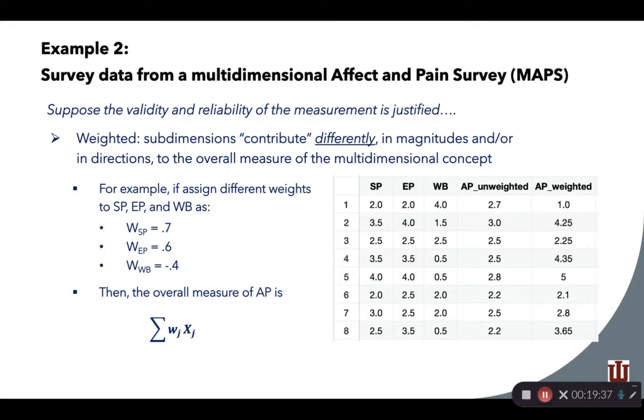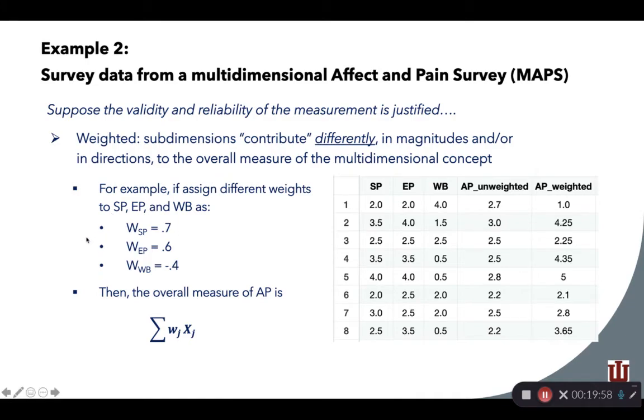So we take an example. Here you can say we use the average score of each subdimension, and for the unweighted measure, we use the average score as the example. But how about we use a weighted composite score?